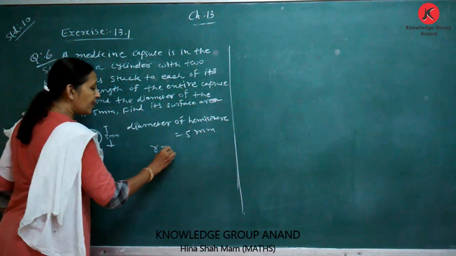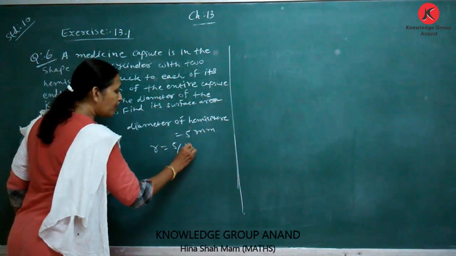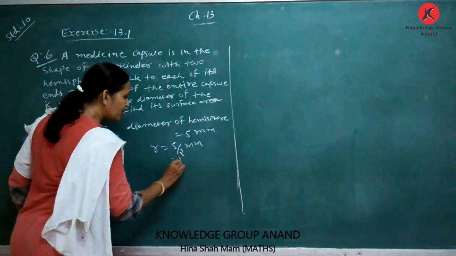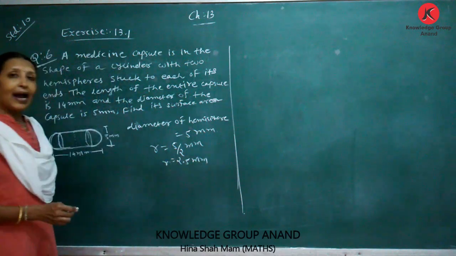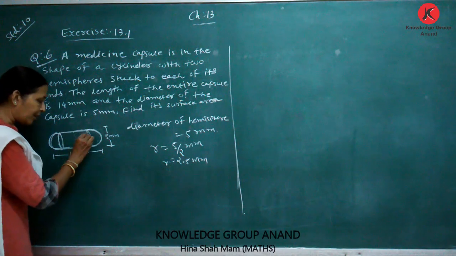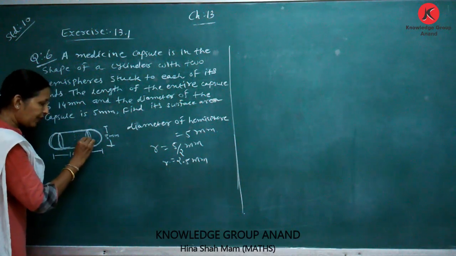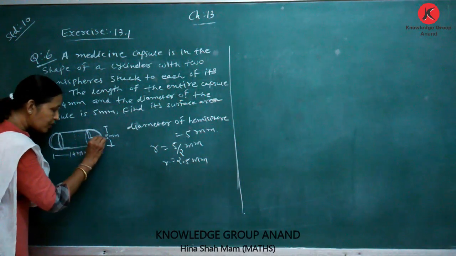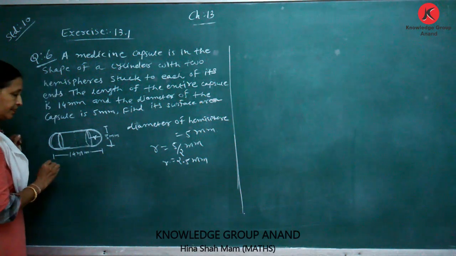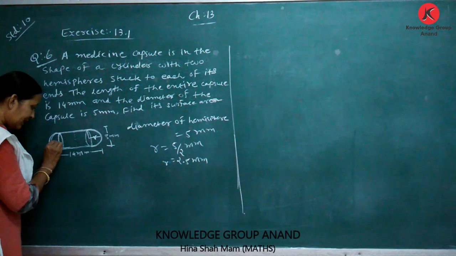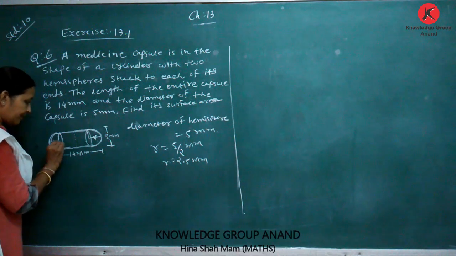Then the radius of the hemisphere is 5 by 2 millimeter, which is 2.5 millimeter. Here r is equal to 2.5 millimeter. This is 2.5 millimeter, this is also 2.5 millimeter. It's called r. Then here is also r.